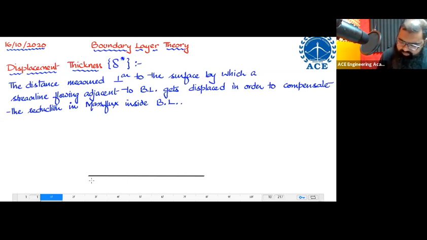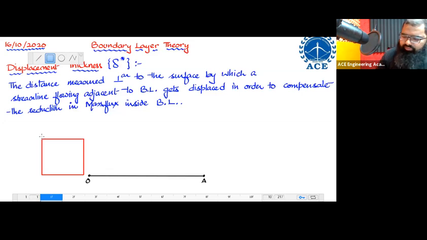Let me consider this particular point as some point O, this point as some point A. Let us say there is a free stream velocity approaching over here, represented by u infinity.